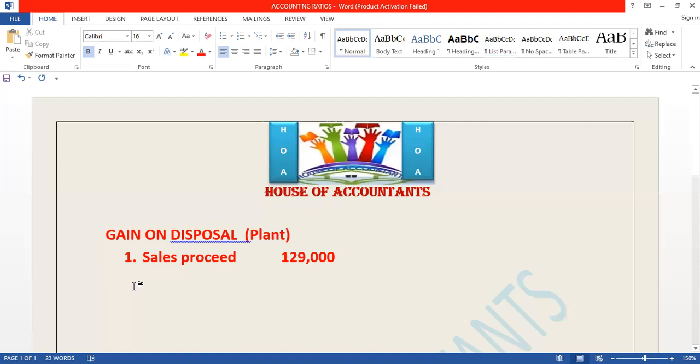We need to calculate the carrying amount of the asset. And to calculate carrying amounts, we need the cost of the asset. What is the cost of that asset? 418,000.